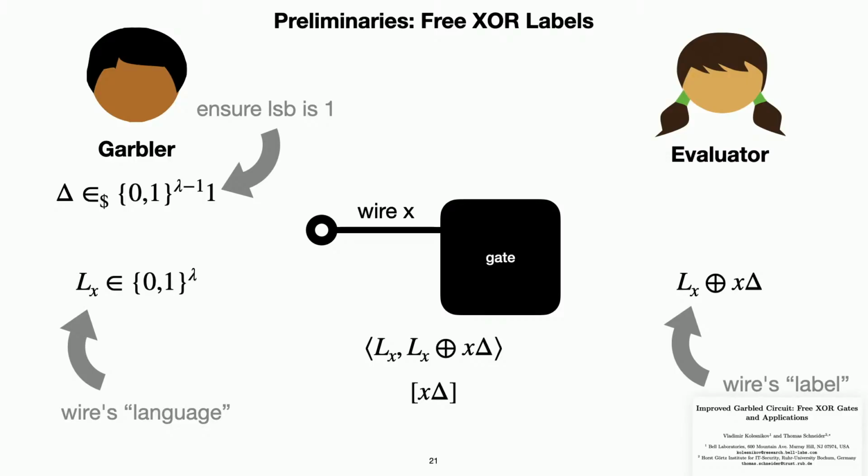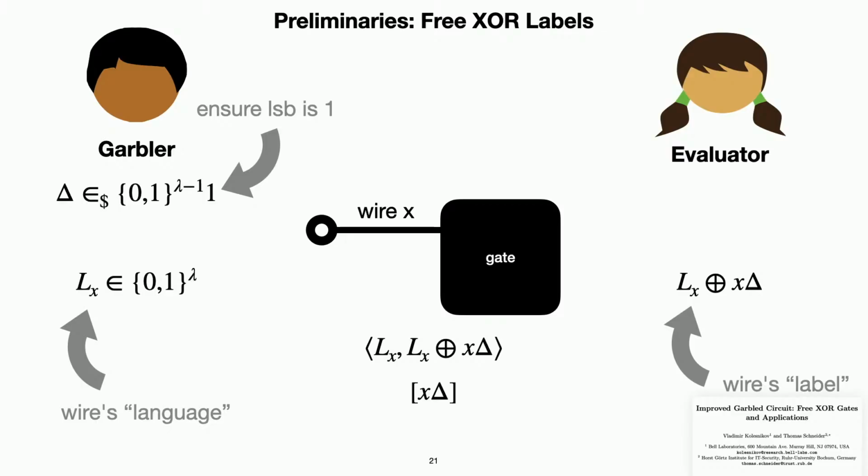Another way to view what's going on here: if we take the garbler's part of this encoding and the evaluator's part and look at them together, then clearly this is some sort of XOR secret share of the value that's actually on the wire. Every single wire in the circuit will have a secret share of the form that wire's value multiplied into this correlation. So this delta is sort of acting like a message authentication code, if you like. It's authenticating to the garbled circuit what bit is actually on this wire.